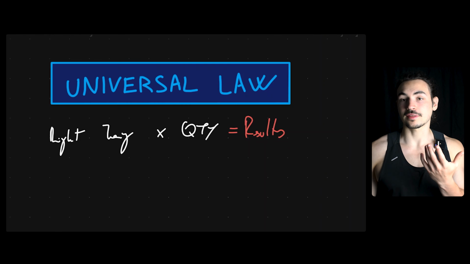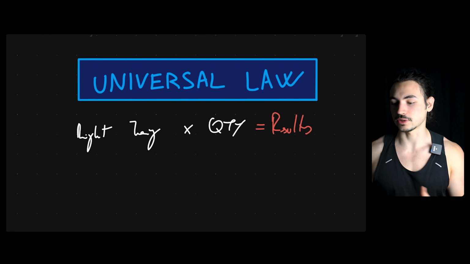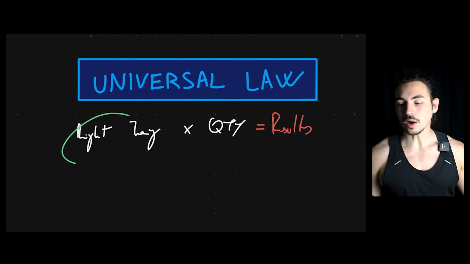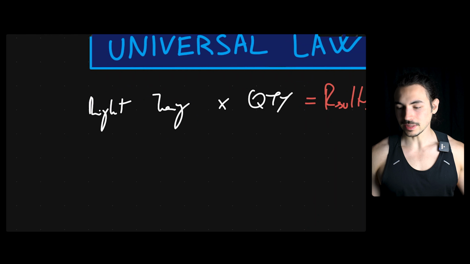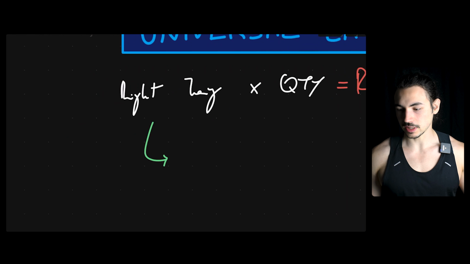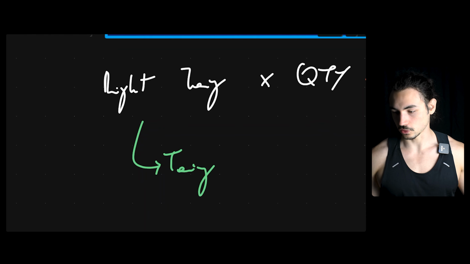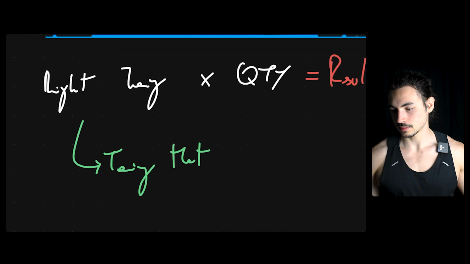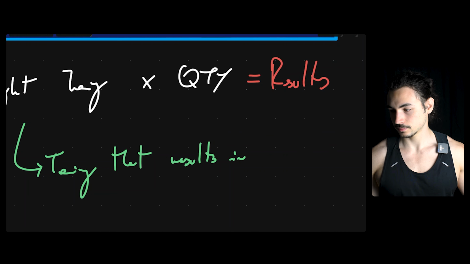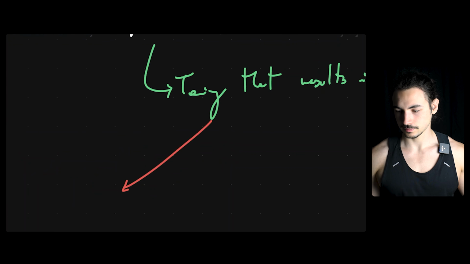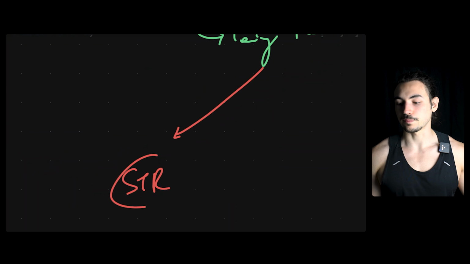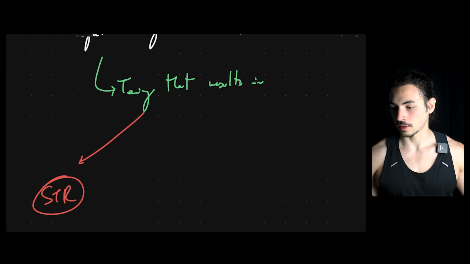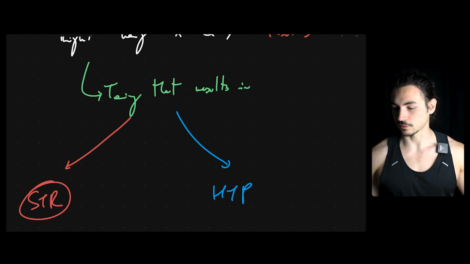Now, the most important thing, since quantity is more intuitive, right? It's just how much of it you do. The question is, what is the right training? So the right training is just training, of course, that results in either strength, and that would be the right training for strength, or training that results in hypertrophy, and that's the right training for hypertrophy.